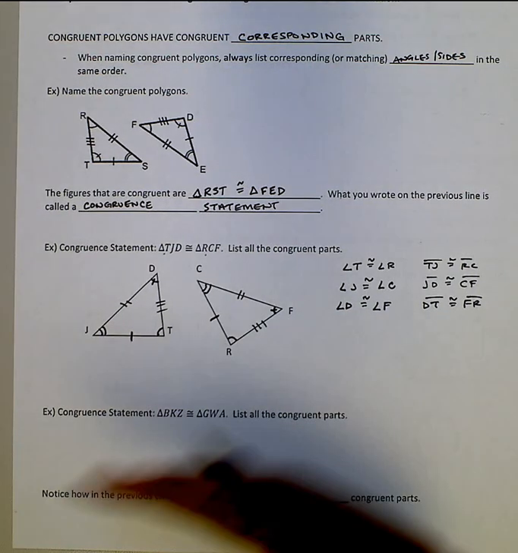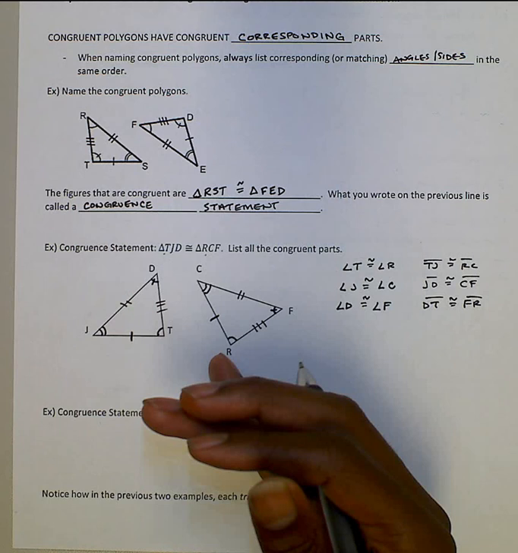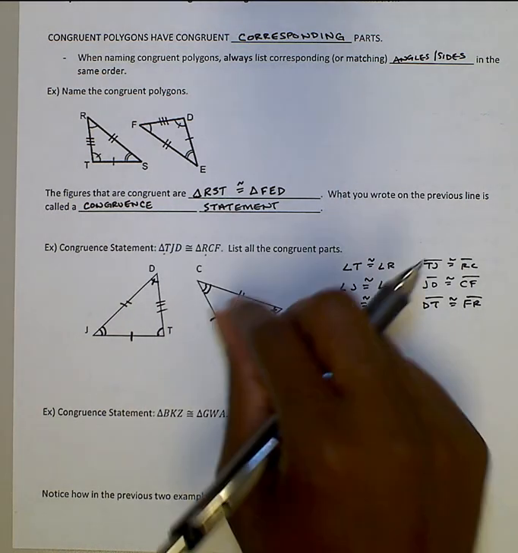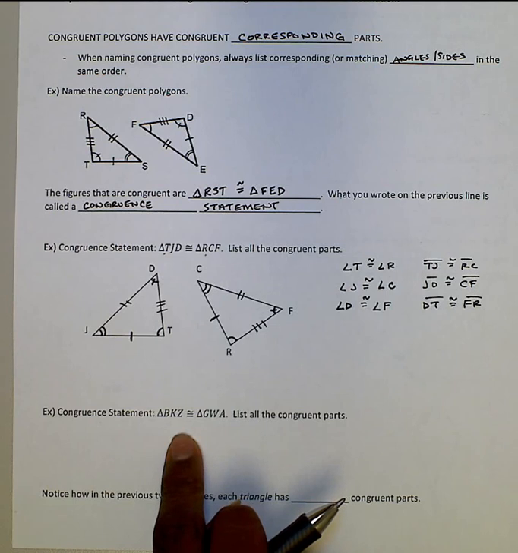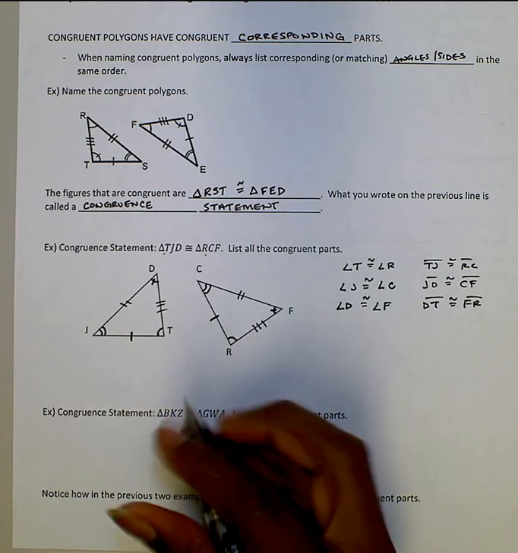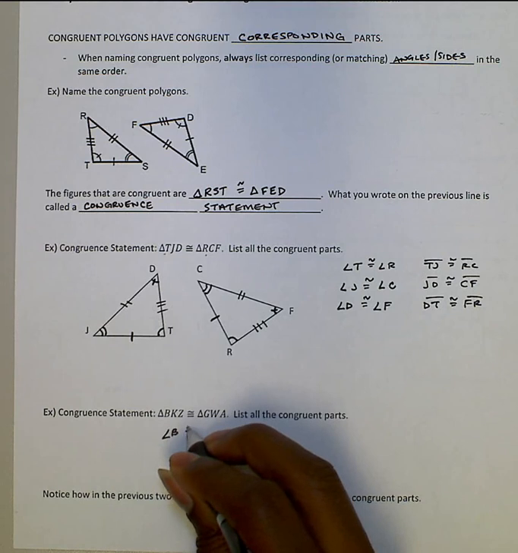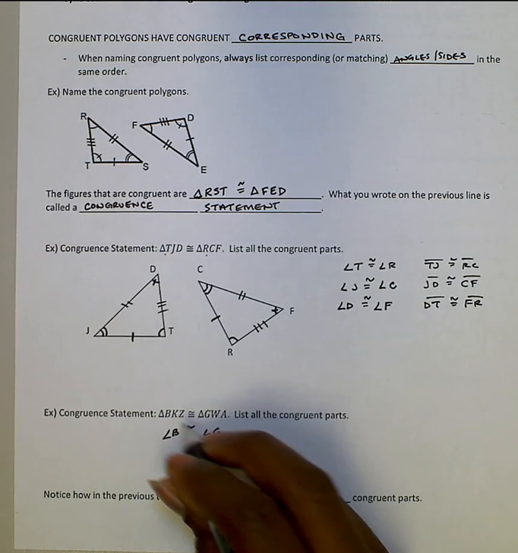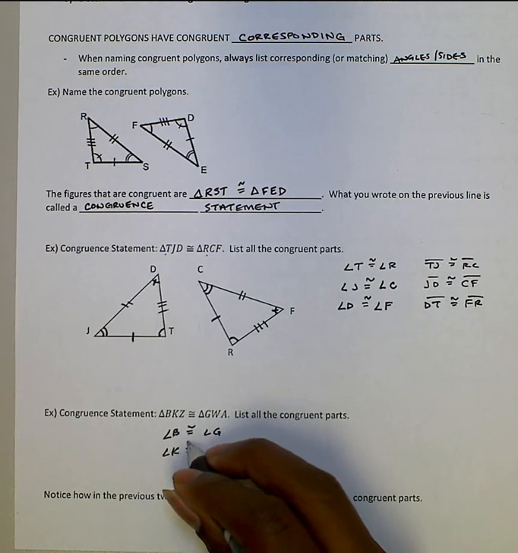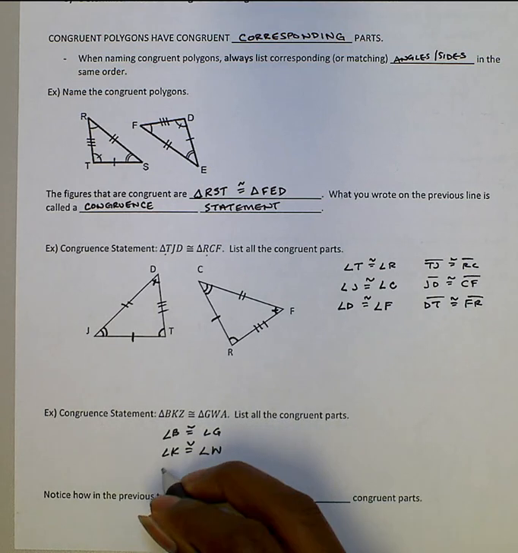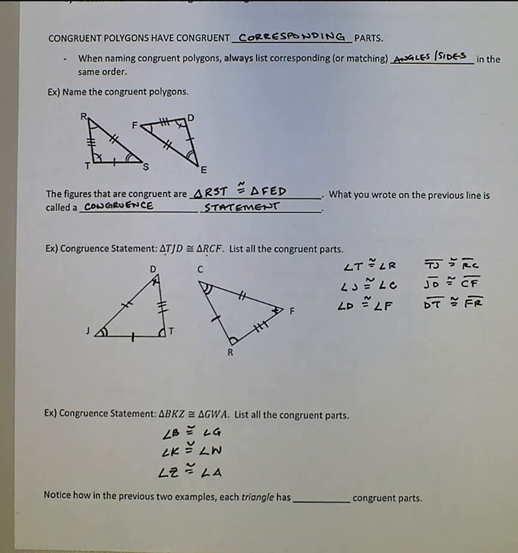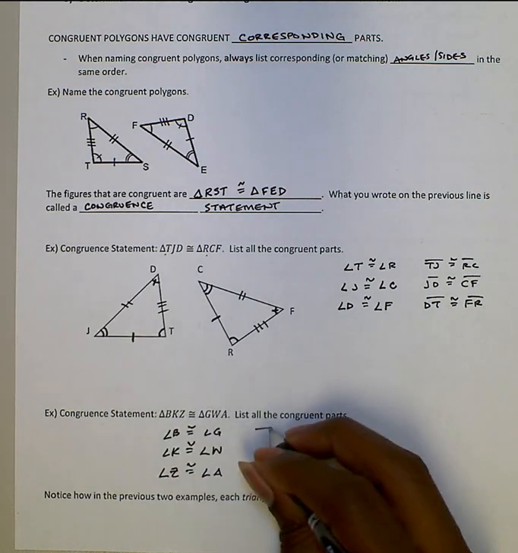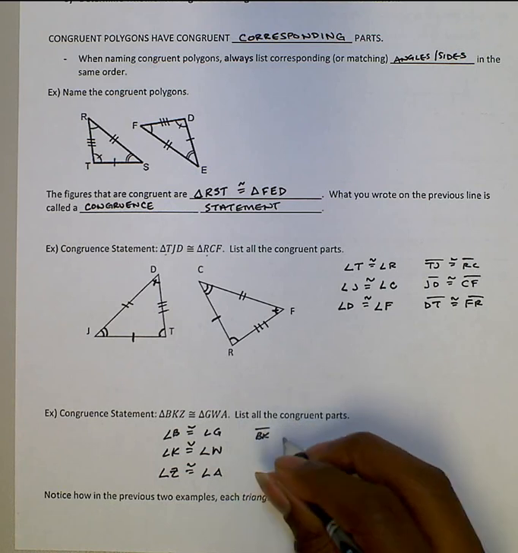Now here we have the congruent statement and the diagram. We really don't need the diagram. If I have a congruent statement, that's enough information right there to tell me what's congruent. Angle B should be congruent to angle G. K with W and angle Z should be congruent to angle A. Again, we have sides that are going to be congruent as well.